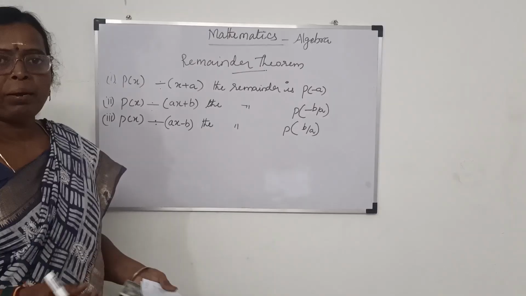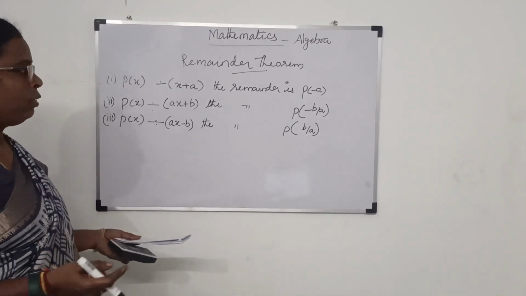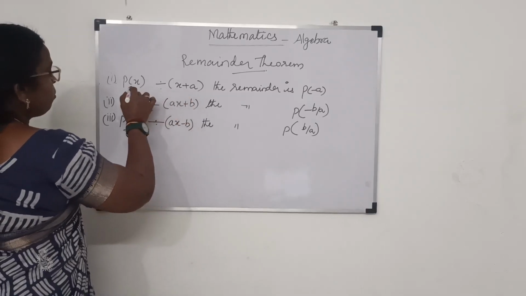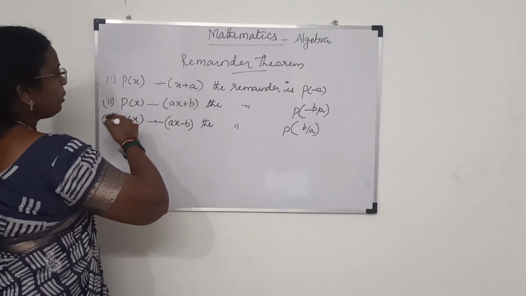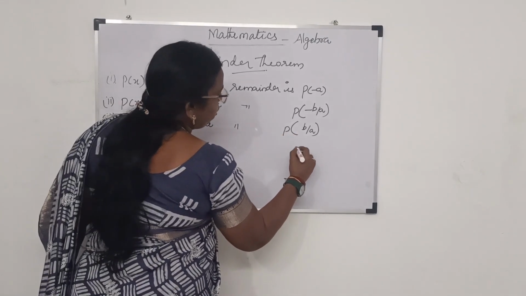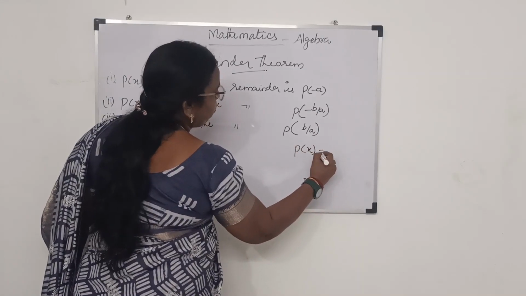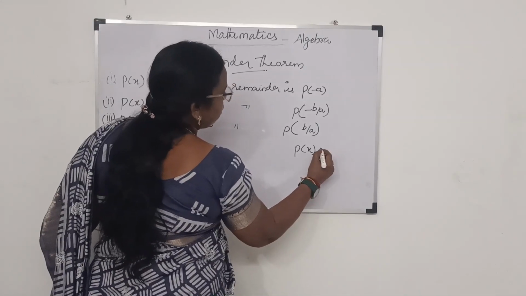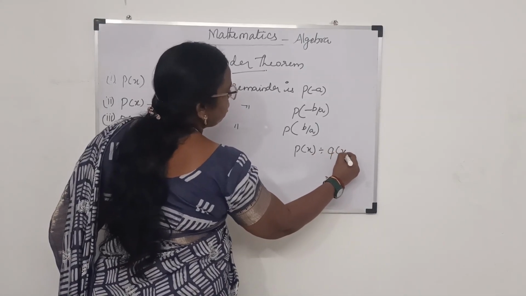How does this come? You may have some questions. The polynomial is divided by this, so we take this polynomial as p of x, and the divisor, let us take this as q of x.